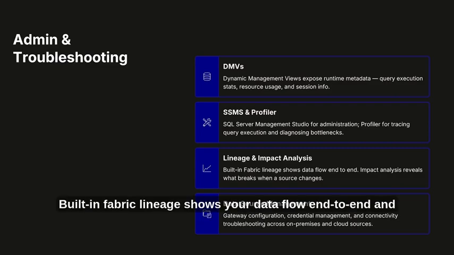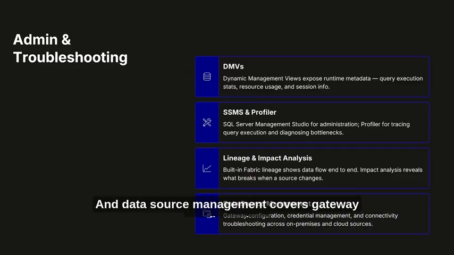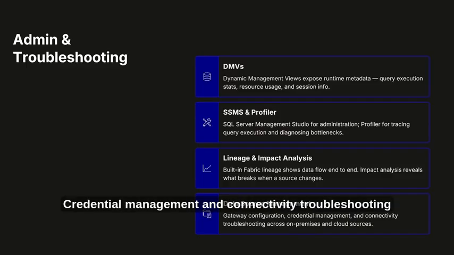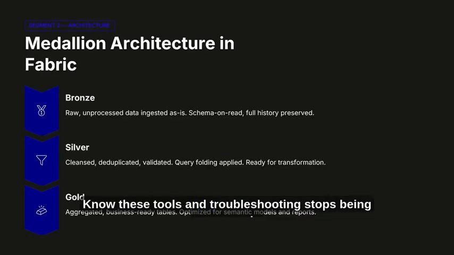Built-in Fabric lineage shows your data flow end-to-end, and impact analysis reveals exactly what breaks when a source changes. And data source management covers gateway configuration, credential management, and connectivity troubleshooting across on-prem and cloud sources. Know these tools and troubleshooting stops being guesswork.